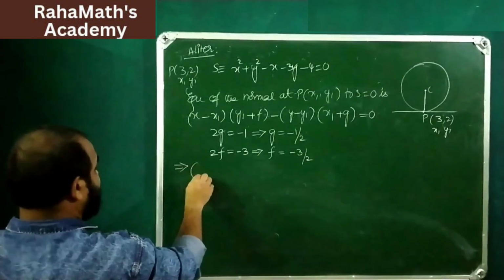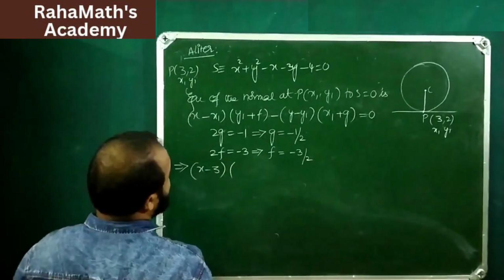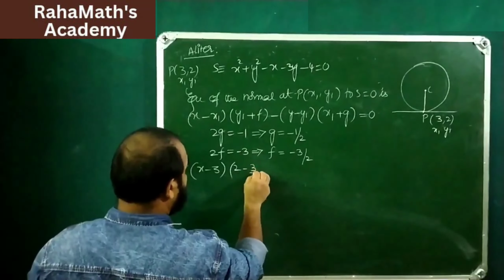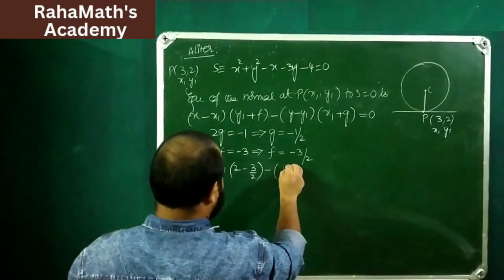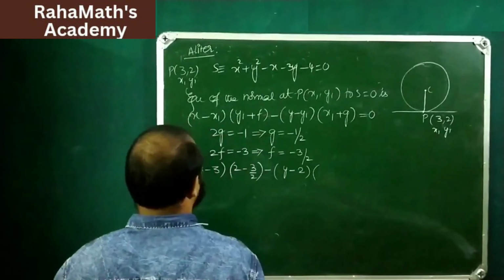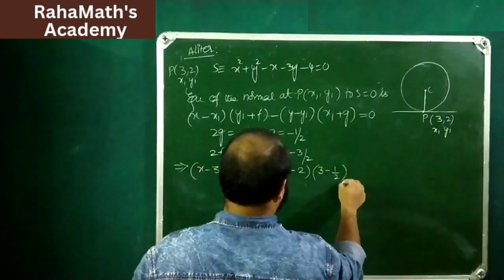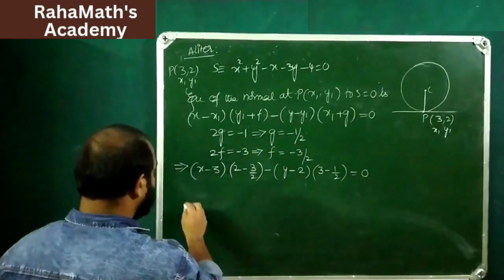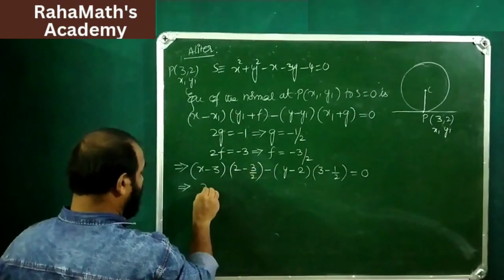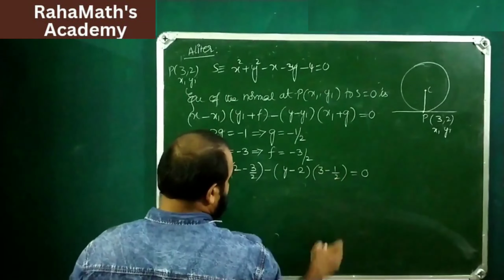Now, x minus x1, 3, into y1 plus f. y1 value is 2, f value is minus 3 by 2, minus y minus y1, 2, into x1 plus g, 3 plus minus 1 by 2, equals 0. So 2 2s are 4 minus 3 by 2, that is 1 by 2... so x minus 3 by 2. 2 3s are 6 minus 1, 5 by 2.